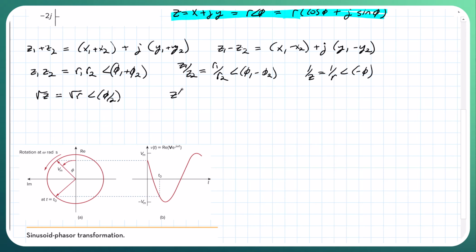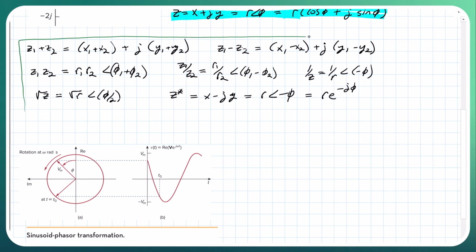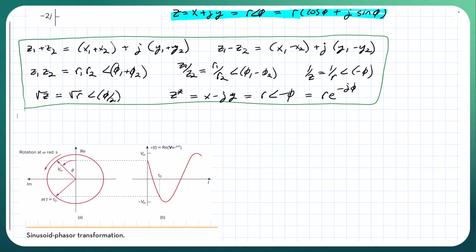And then the complex conjugate is going to equal x minus jy, which is r angle minus phi, which is equal to r e to the minus j phi. This is just a quick review of some of the operators and things you can do with complex numbers.